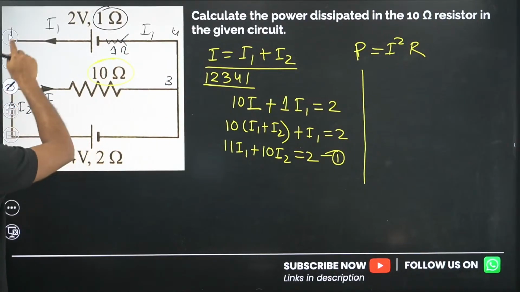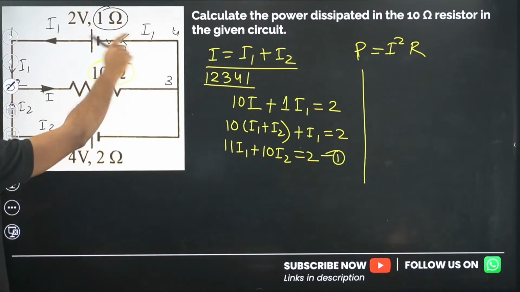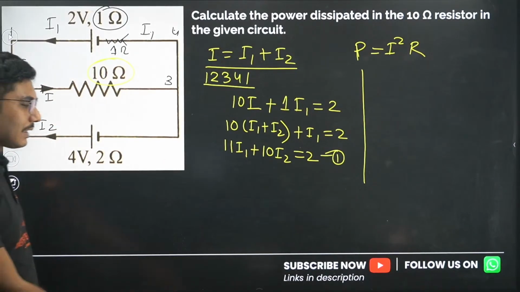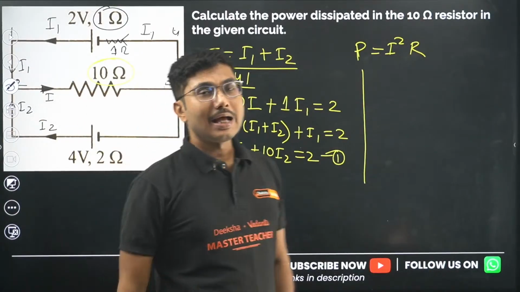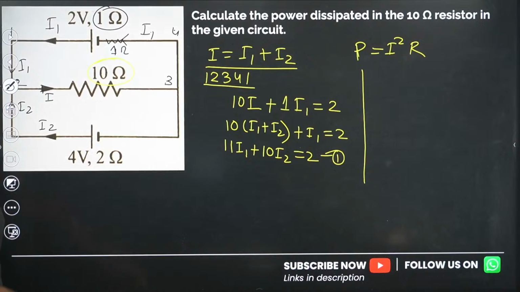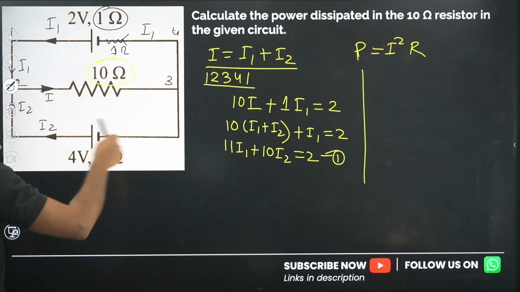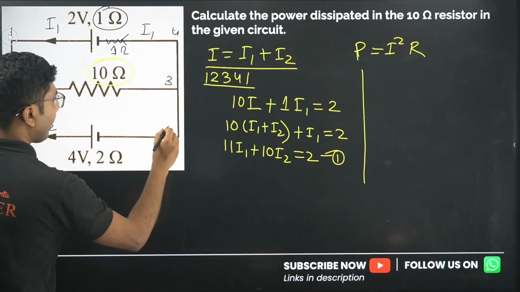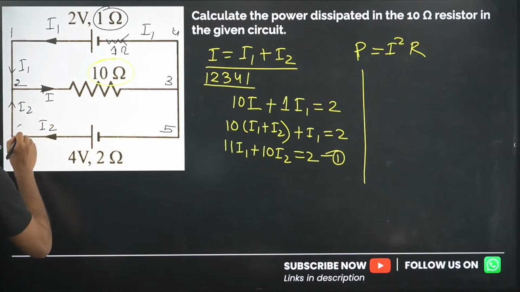If you take this route, it will be a complicated part. We will not take a route where two batteries are involved unless it is absolutely necessary. In this case, it is absolutely not necessary. So we will use a different path. We will use 2, 3, 5, 6.